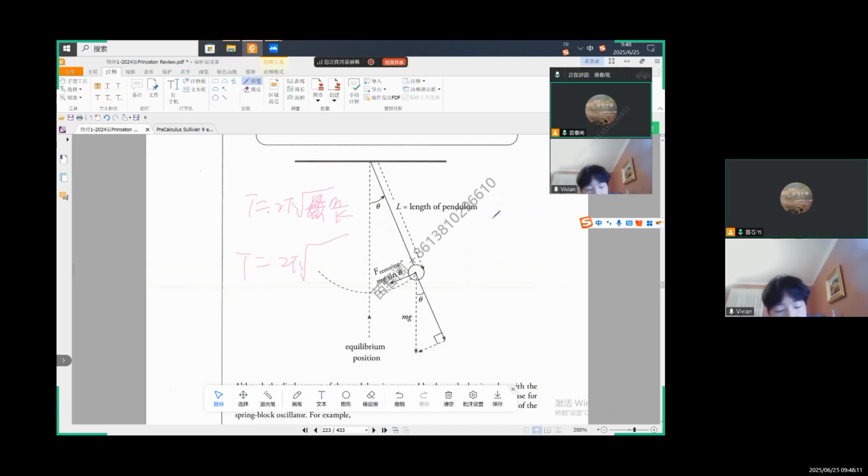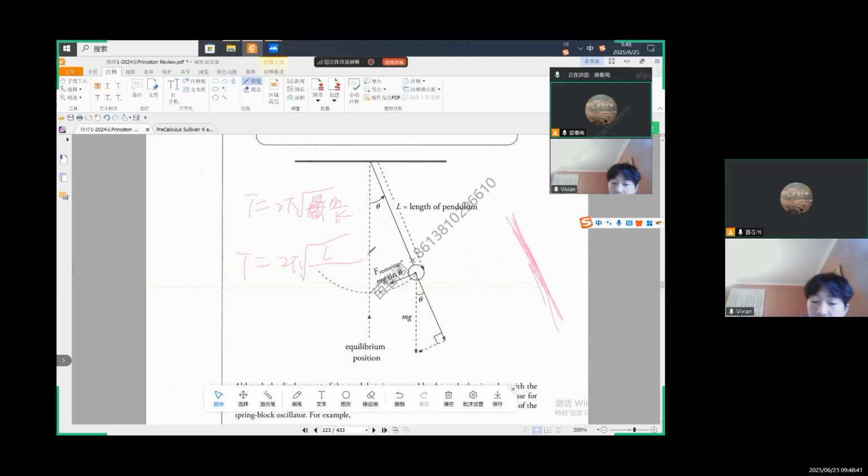For the pendulum, we can try different masses, which doesn't really change the period. Does that make sense? It's not like the spring and the block before. So the mass doesn't matter in here, but what matters is that the longer the pendulum gets, the longer the period.